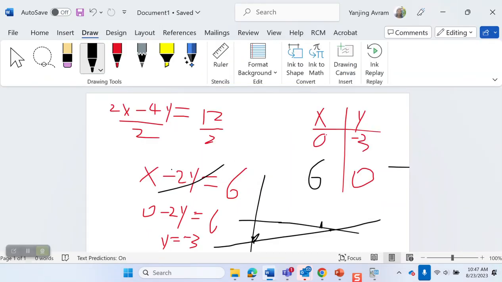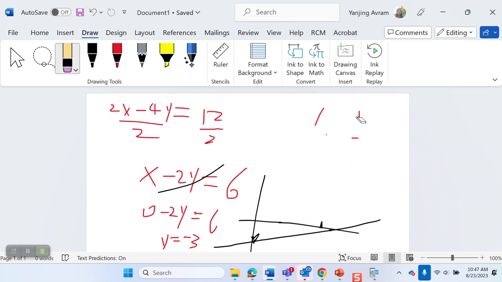If you put this one in a calculator, you have to solve for y, right? So how do I solve for y here? I have x minus 2y equal to 6, right?